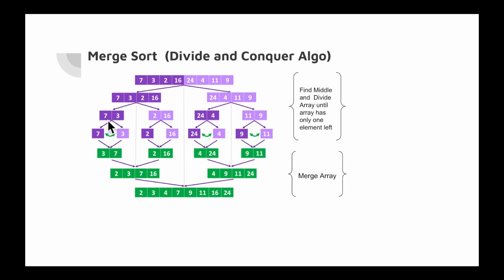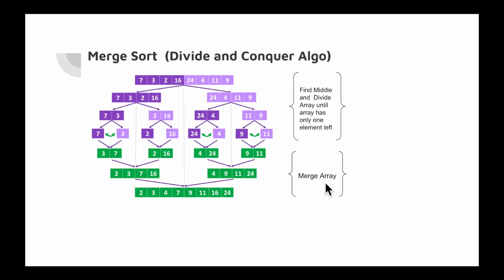So this array with two numbers we divide again into left and right, 7 and 3, right? You can see the same steps are repeated. So in implementation, we can use recursion because that's what we call divide and conquer. We divide into sub-problems, we find the solution for the sub-problem and we just repeat it, until the array has only one number. Okay, this is what the dividing is.